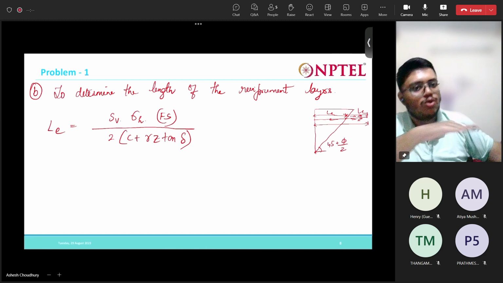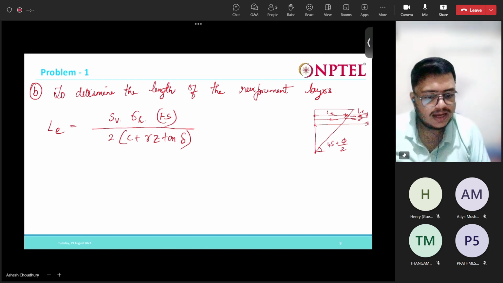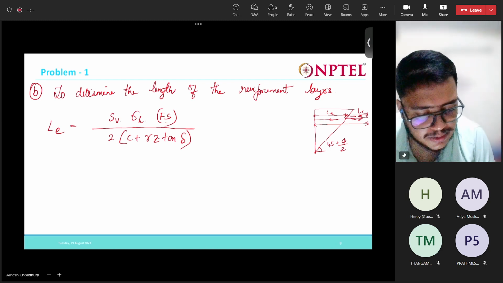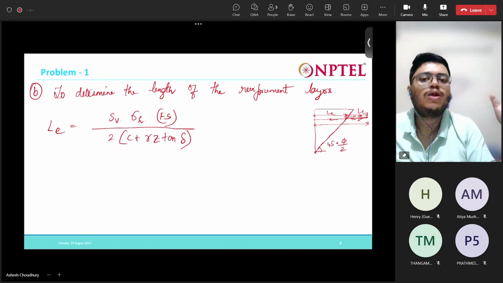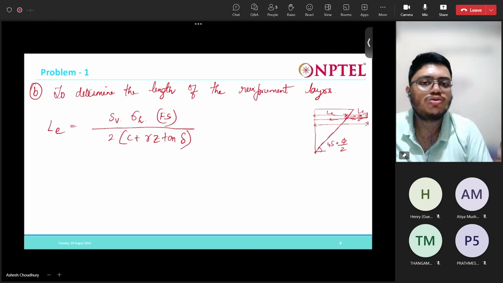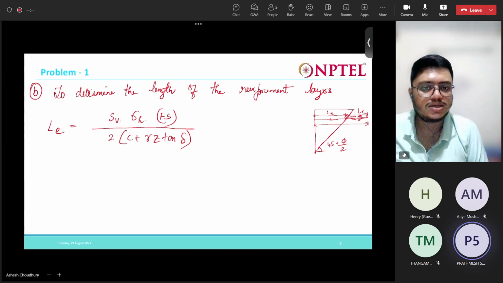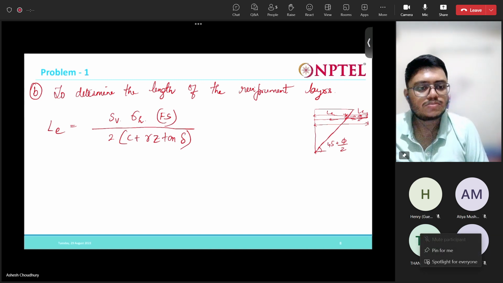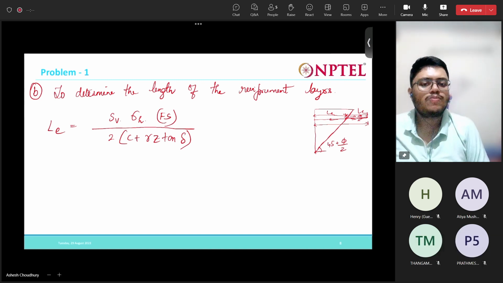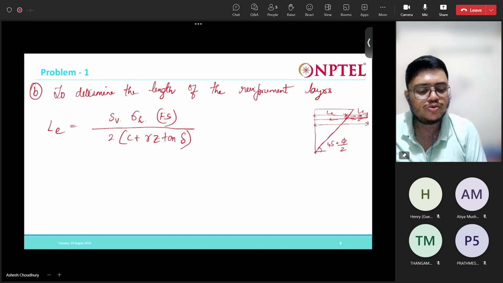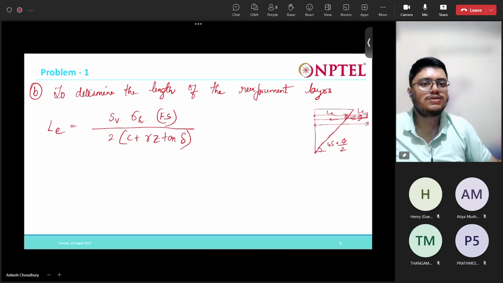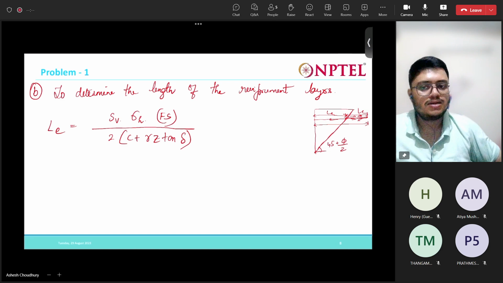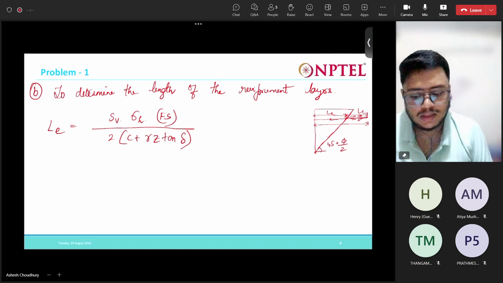That is what holds the active wedge in place, right? If this length is not present, then this will just slide on its own along with the reinforcement. There is no use of putting the reinforcement, isn't it? There is no point of providing the reinforcement. So you need to provide some embedment length, so that it holds the soil in place.